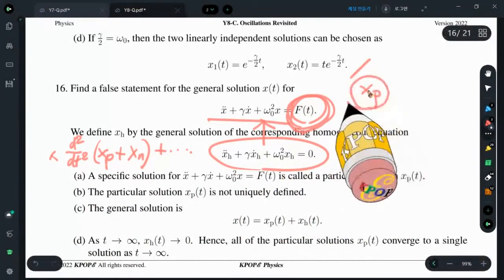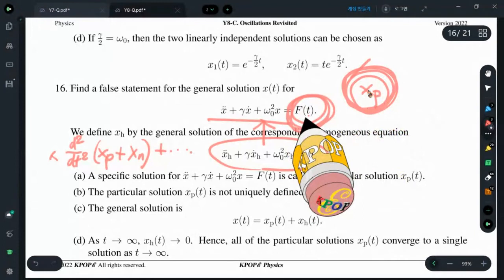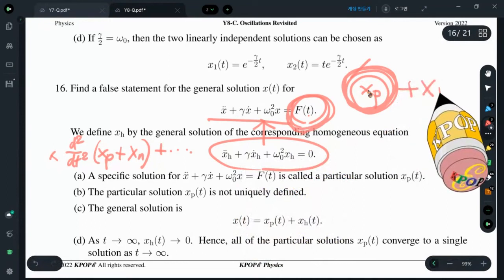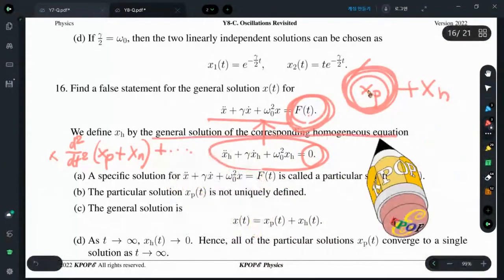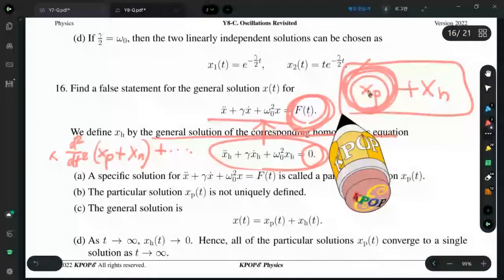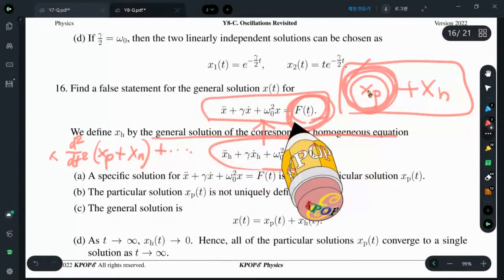Aha! Even though you found a specific solution for this general equation, however, there is a contamination coming from this homogeneous equation solution that we just solved previously. Actually, the sum is the general solution of this driving force situation.